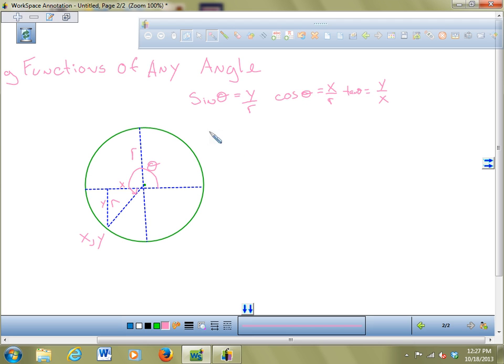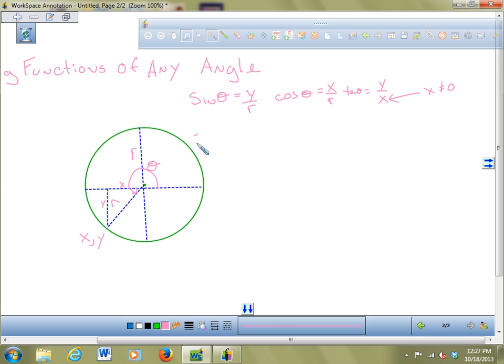Yes. And the r is always positive, and r can't be 0, but x cannot be equal to 0 because if x is equal to 0, then I get undefined. You understand that? You can't have the bottom be 0.